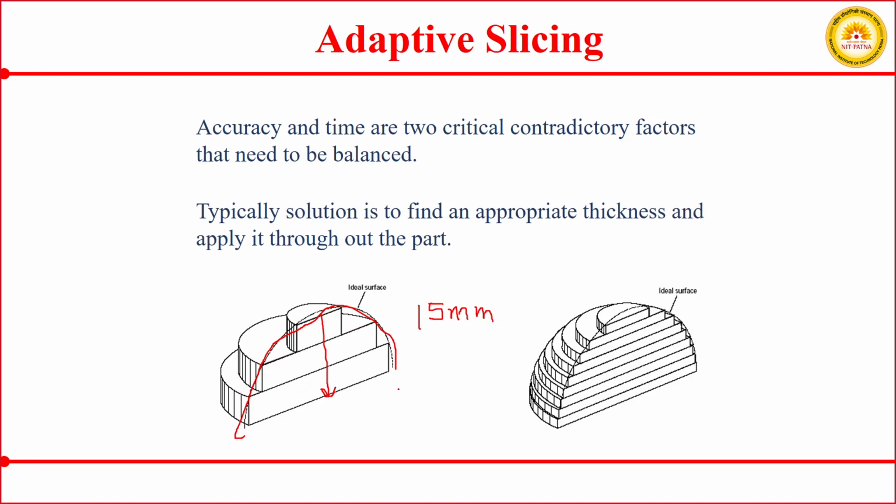You want to print this particular component, so you have made 3 slices: this slice is 5 mm, another layer of 5 mm, then the last layer of 5 mm. So within 3 layers, this is what we see if we go with constant thickness.